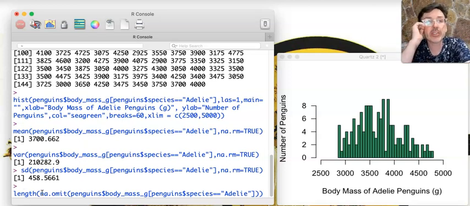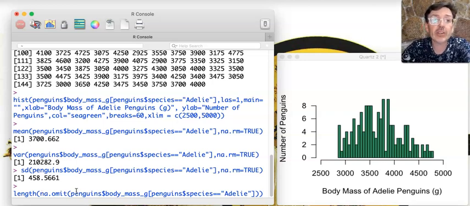The length function tells you the length of whatever you put into it. But it does not discriminate between a value that is NA and a value that is 4,000. It would count them both as 1. And really, our sample size should include only the ones for which we actually have data.